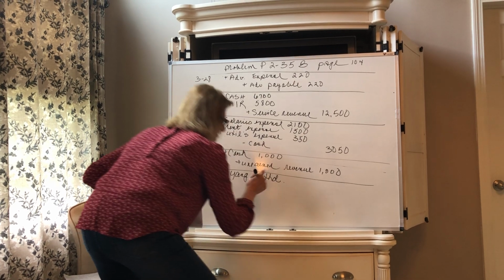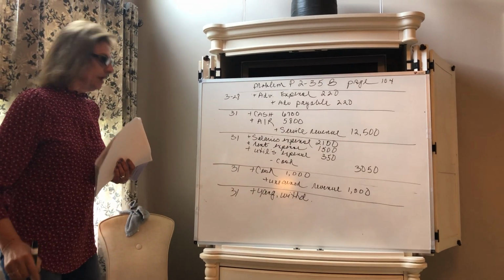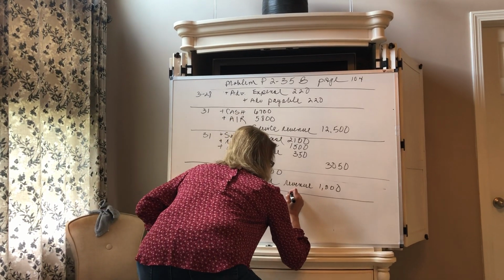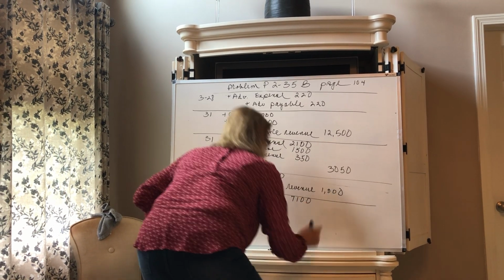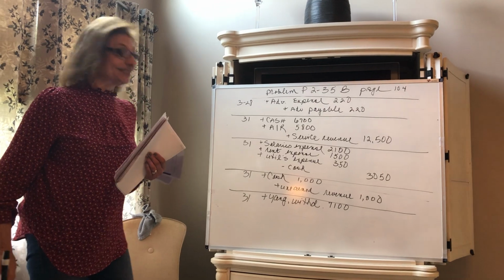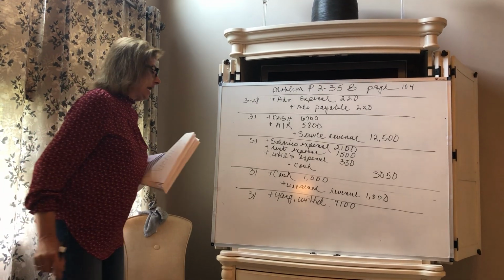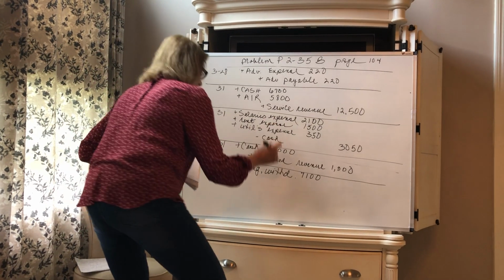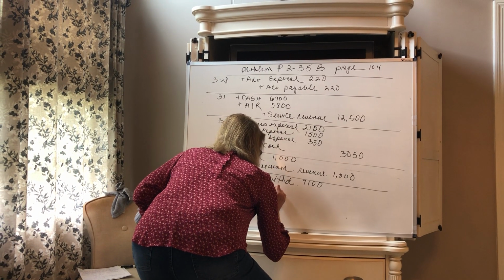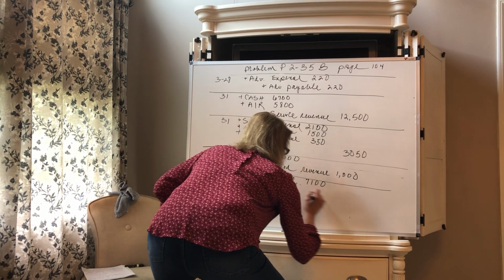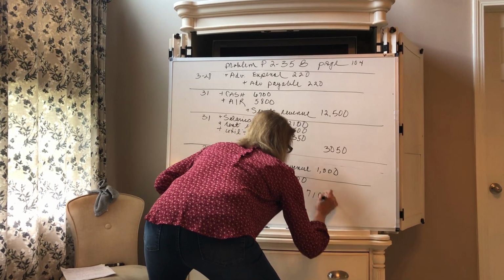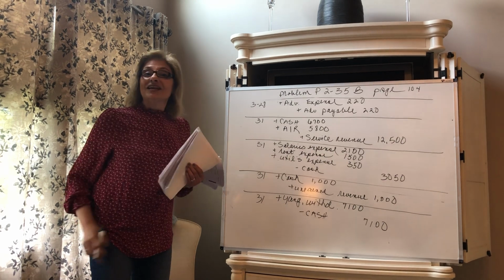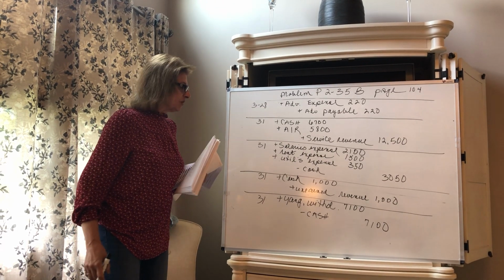I'm going to put D instead of writing the whole thing. He took out $7,100. Kind of a lot for the first month of operations, right? And then, of course, if he's taking out money, the money's going down. So whenever the owner takes out money, cash goes down. And that's the last one for this problem.